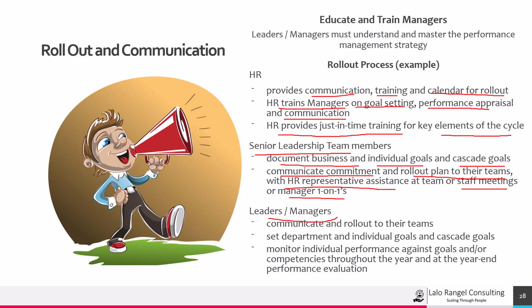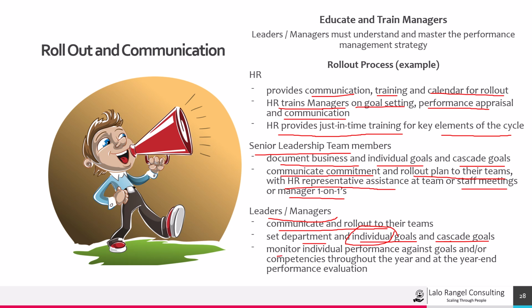Leaders and managers will communicate and roll out this process to their teams, set the business, department, or sector goals, depending on the structure of the organization, and the individual goals, and cascade them. Individual goals in this case refers to the leader's or manager's individual goals, so that they document them, communicate them, and cascade them.